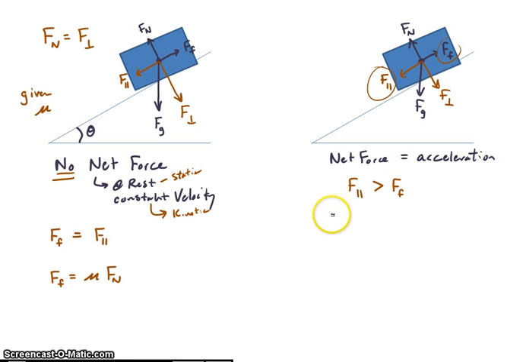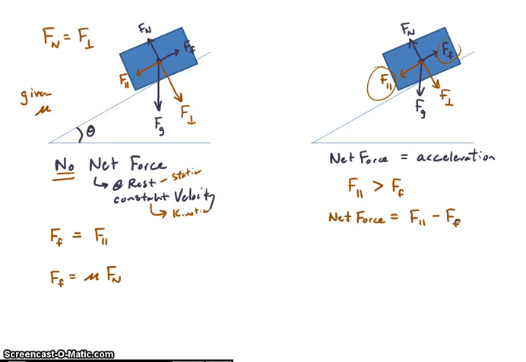So my net force is going to be equal to my force parallel minus my frictional force. Okay? And so that's the key thing whenever we have a block that's accelerating down the incline.